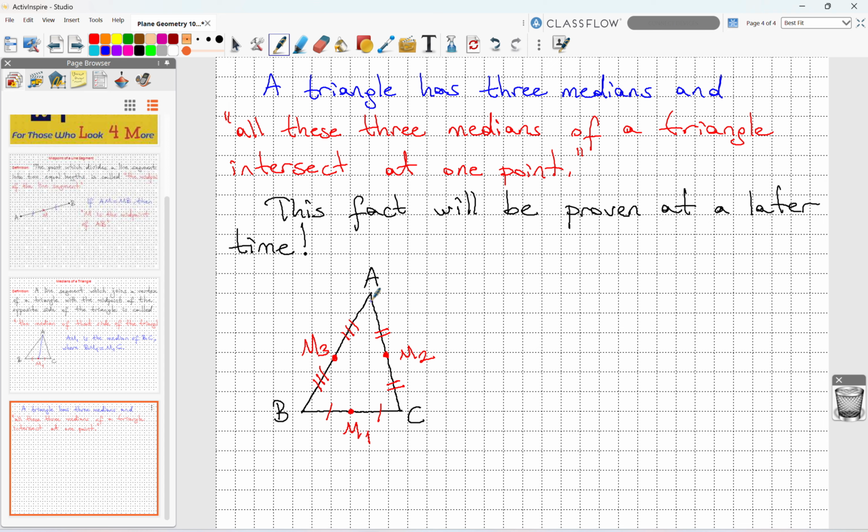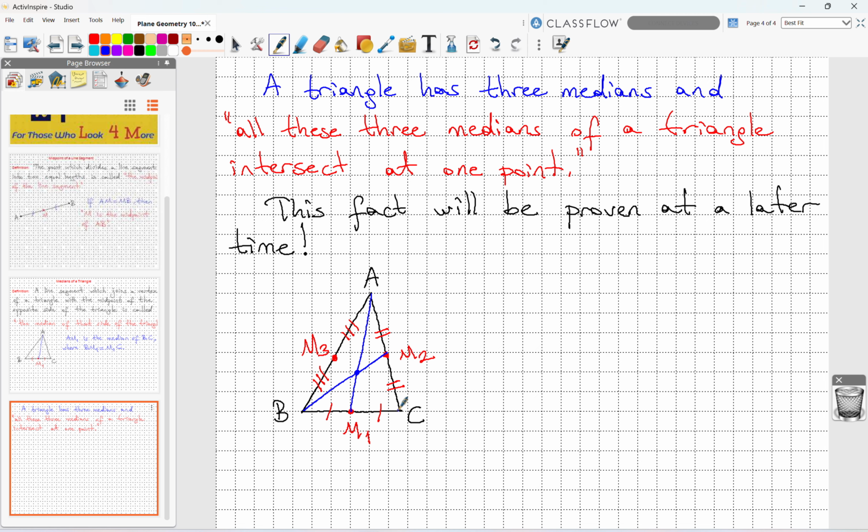So the median AM1, the median BM2. Of course, when you draw two medians, of course they will intersect. But the main thing here, the third one is also passing through this point. Okay, this requires a proof, and we will prove it at a later time.